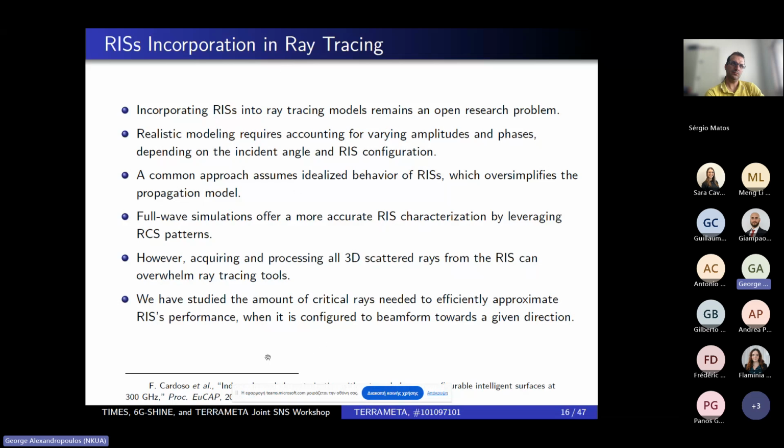So in this paper, with Luis and Sergio, we have studied the amount of critical rays needed to efficiently approximate an RIS performance when it is configured to beamform towards a given direction. The idea is to do it for many directions and then incorporate in a ray tracing.